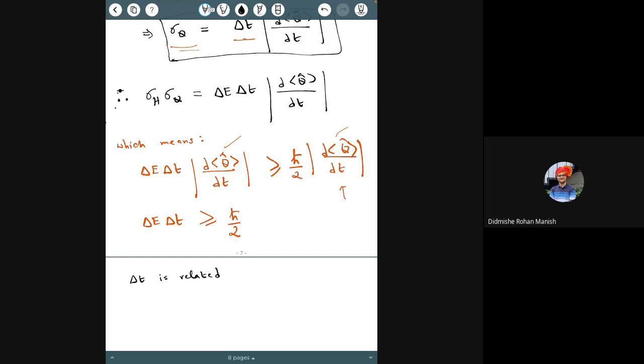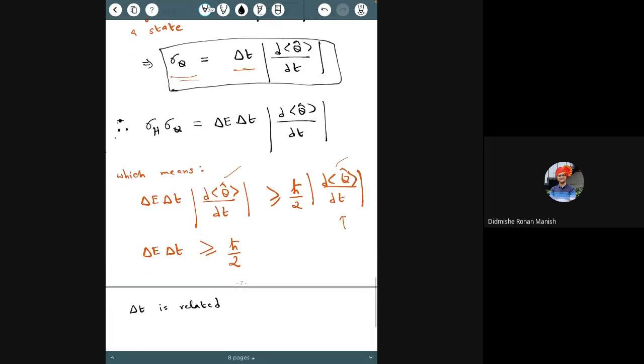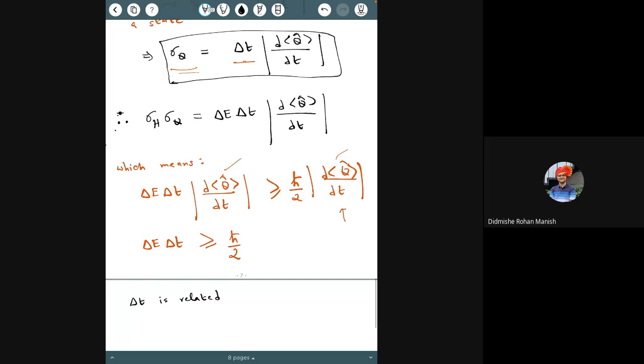Because you cannot measure delta T. You will always have to measure sigma Q if you actually think of doing the experiment. Then you will always get sigma Q as one observable quantity and dQ/dt as another observable quantity.